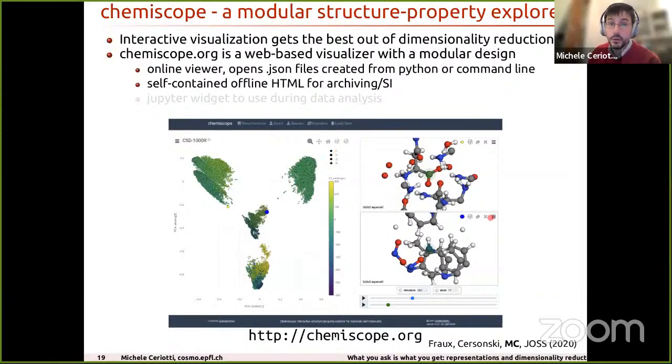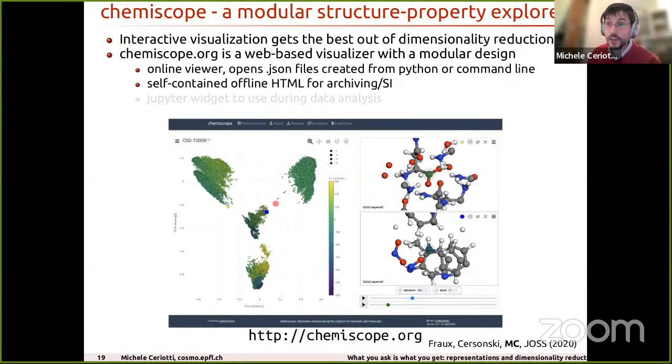So you can click around and visualize the structures that are associated with each point. This is very useful to supplement all of these data analytics techniques with a little bit of click and watch old school analysis.